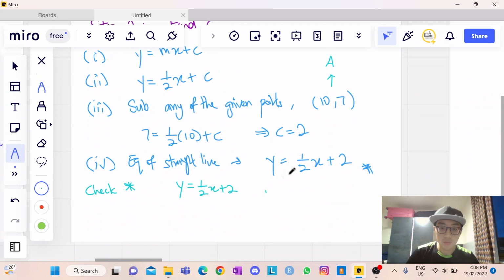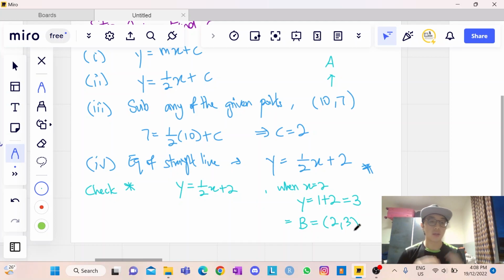When x equals 2, your y equals 1 plus 2, which equals 3. And this equals B, 2, 3, which means this equation of a straight line containing A and B is correct. So this is how you look for an equation of a straight line.